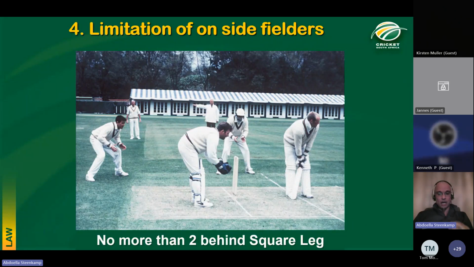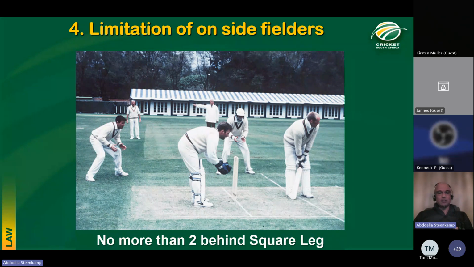In this pic, if you count how many fielders are behind on the leg side, you'll see there's the fielder under the helmet, there's a leg slip, and there's like a leg gully. So 3 fielders behind the popping crease on the leg side. This is not allowed as per the law. The law only allows a max of 2 fielders behind the popping crease on the leg side. So if this happens, umpire needs to call and signal no ball.